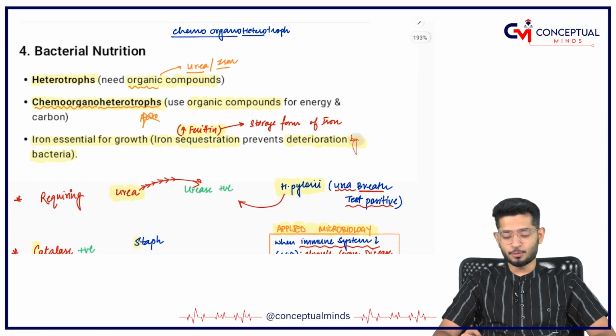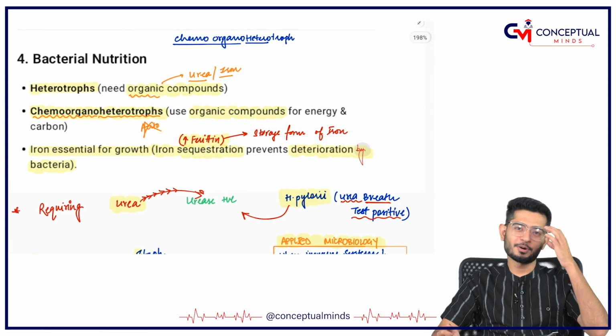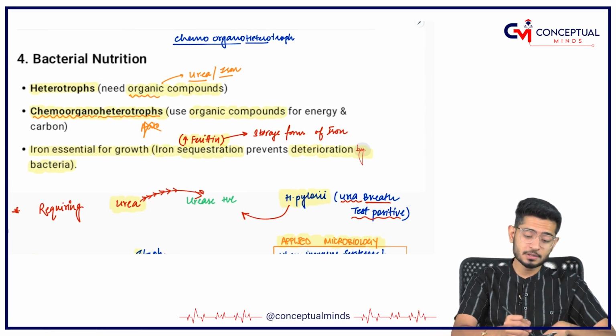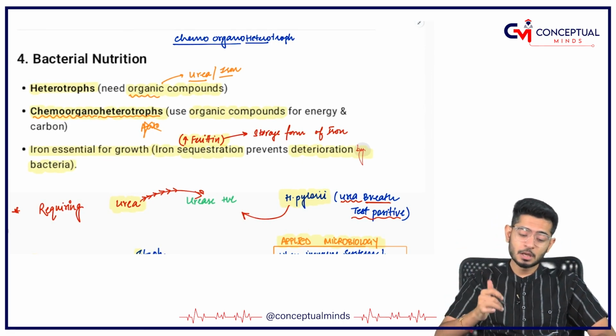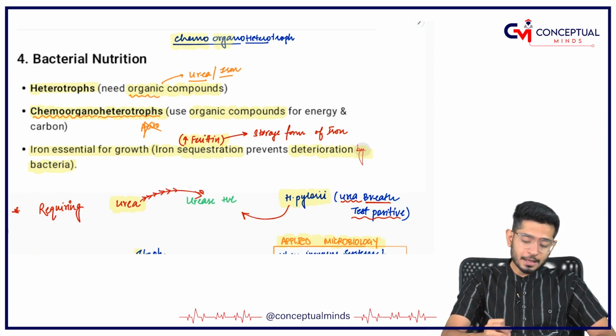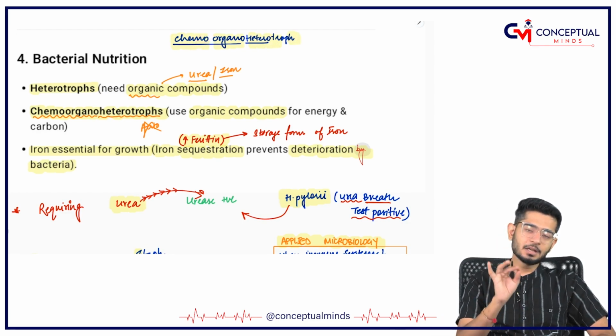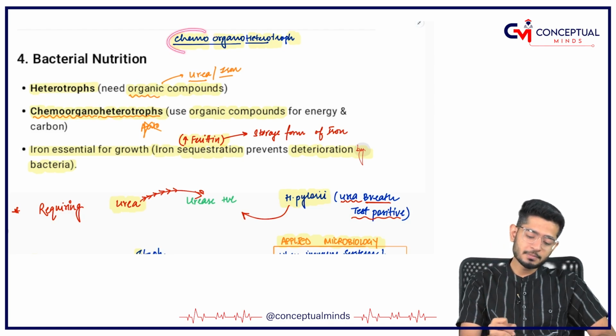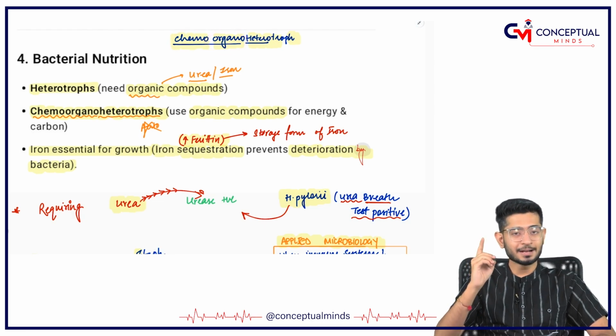Bacterial nutrition, whoa, that's a superb topic, a vitally important topic. Bacterial nutrition, what does that mean? My dear friends, bacterial nutrition means bacteria are chemo-organo-heterotrophs. Chemo-organo-heterotroph means bacteria want to live on chemicals. But which chemicals? Organic chemicals. Are they autotrophs?